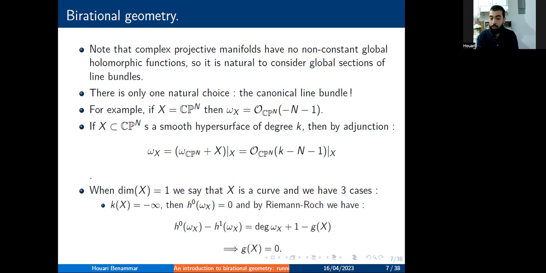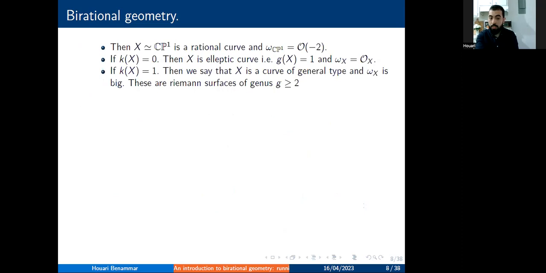And by Riemann-Roch, which is a very well-known formula, we can see that the genus is equal to 0. So this means that X is CP^1. And by the calculation before, the canonical line bundle is O(-2).